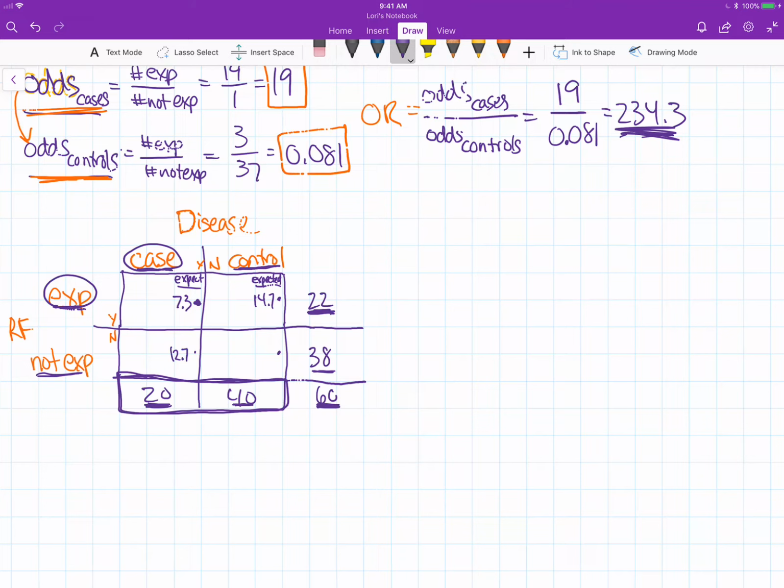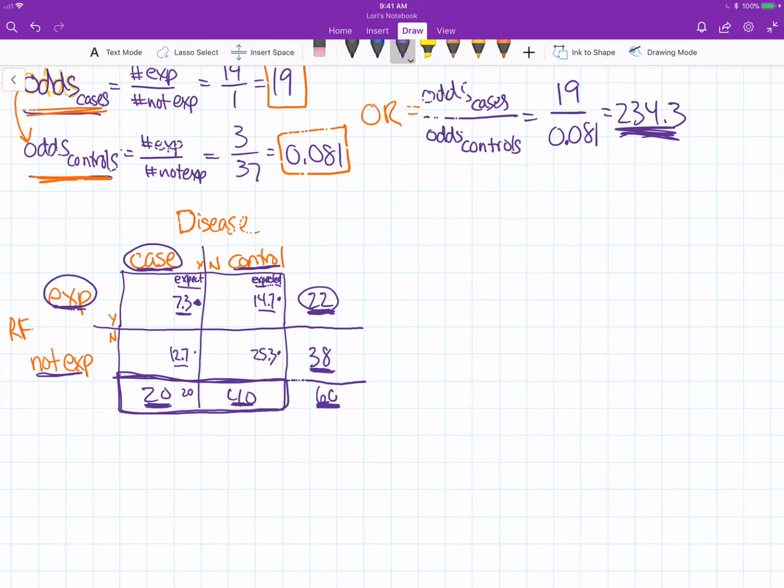And if I take 38 times 40 divided by 60, I end up with 25.3. You'll notice that 7.3 plus 14.7 still adds up to 22, and 7.3 plus 12.7 still adds up to 20.